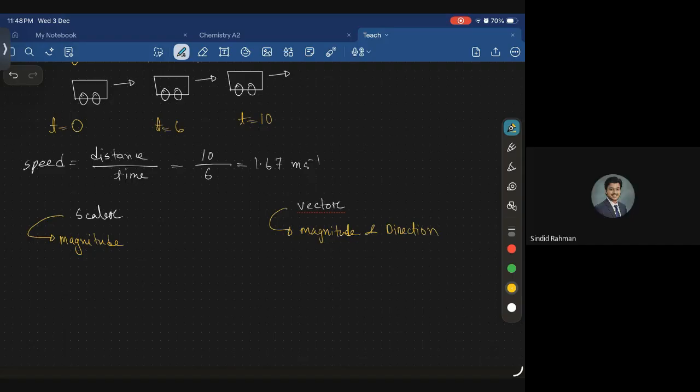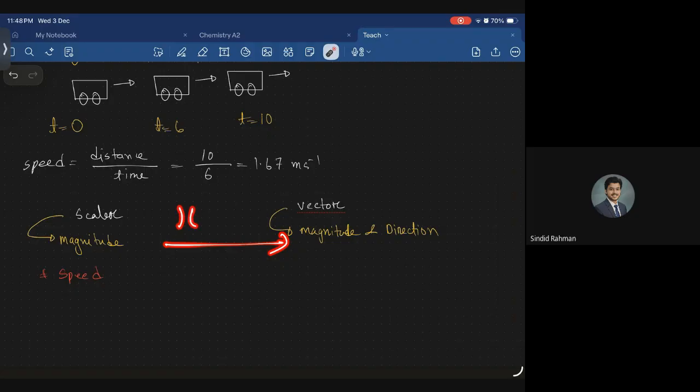Just as you said, speed is a scalar quantity. It's scalar because we don't know where, let's say, a car is moving with 10 meter per second of speed. We don't know which direction. We just know that the car is moving at 10 meter per second.